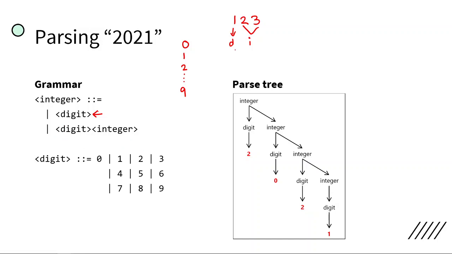So basically 1, 2, 3 is also an integer. And this 2, 3, we can also break it down further. 2 is a digit, and 3 is an integer. So 2, 3 still follows the same rule, digit followed by integer. Lastly, the integer 3 can be broken down into a digit.